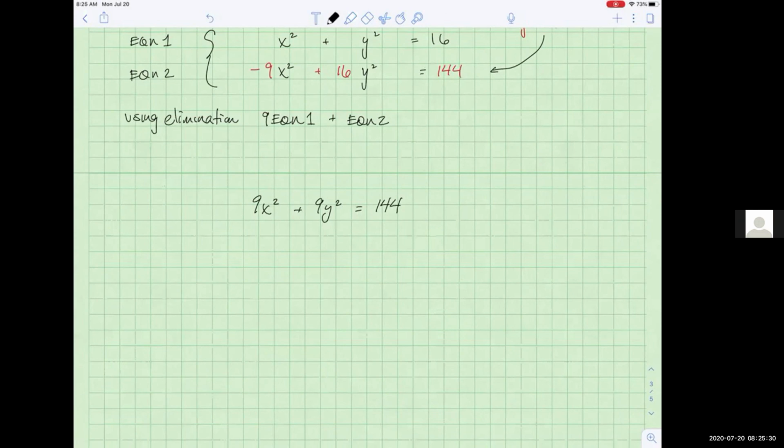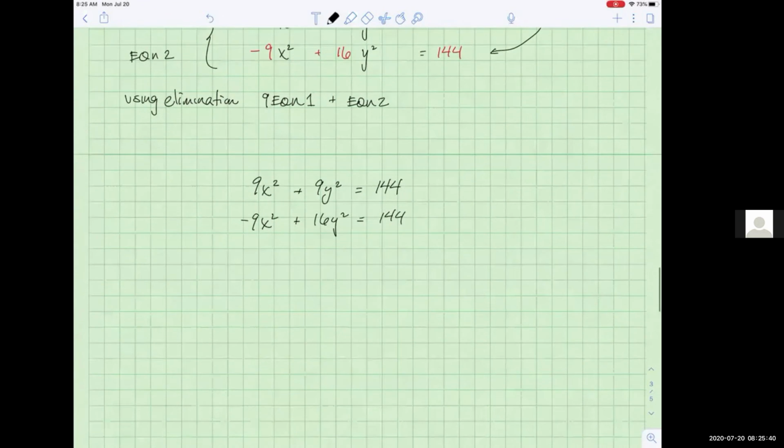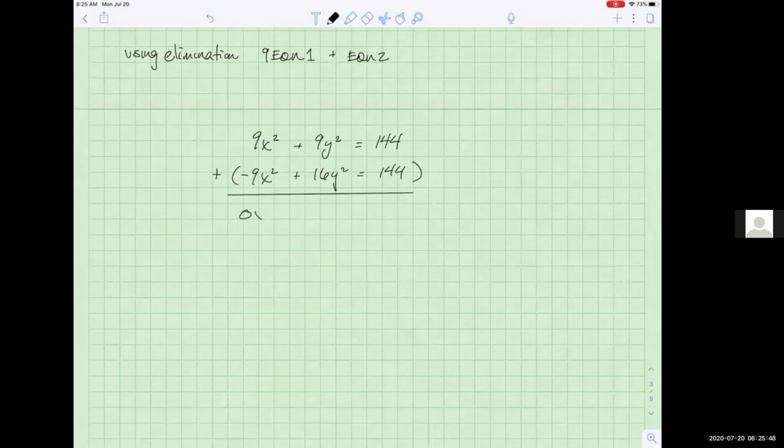And negative 9x squared plus 16y squared is equal to 144. And we'll add these two together. And that'll give us 0x squared plus 25y squared is equal to 288.